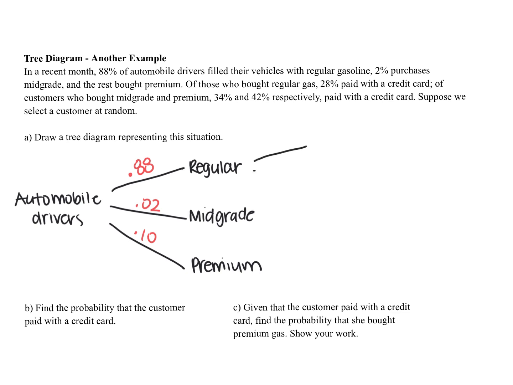Each of those then gets 2 branches: they used a credit card or not.